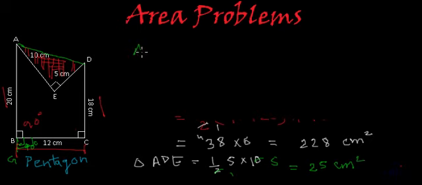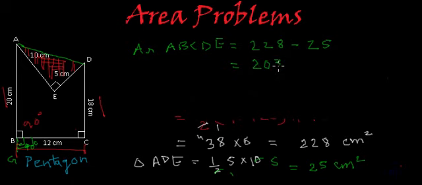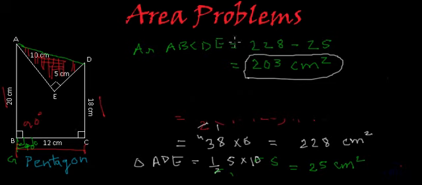So what will be the area of pentagon ABCDE? It will be the area of trapezium, which is 228, minus the area of the triangle, which is 25, and this will be 203 centimeter square. So this will be the area of the pentagon which we were supposed to find, right?